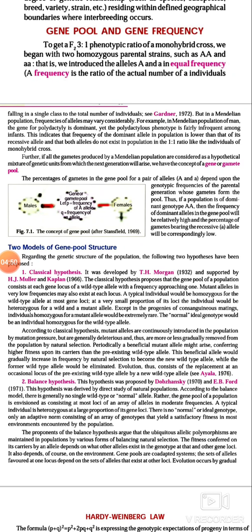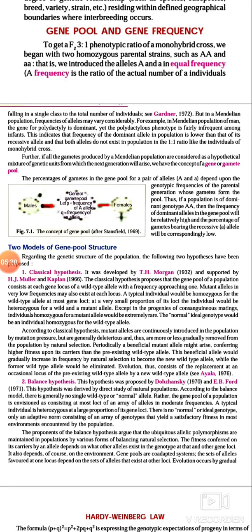A typical individual would be homozygous for the wild-type allele at most gene loci. At a very small proportion of its loci, the individual would be heterozygous for a wild and mutant allele, except in progenies of consanguineous matings.